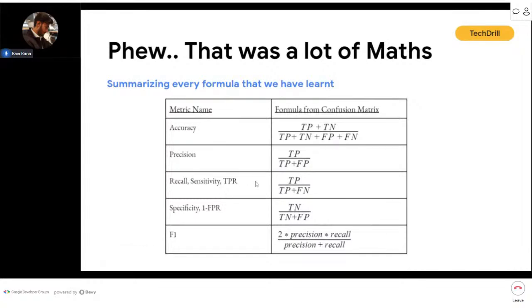Recall, or sensitivity, is calculated as TP upon TP plus FN. Specificity is also calculated as 1 minus the false positive rate, which is TN upon TN plus FP. And the F1 score is calculated as 2 into precision into recall upon precision plus recall. So this was the summary of all of this mathematical part. So the evaluation metrics are clear.